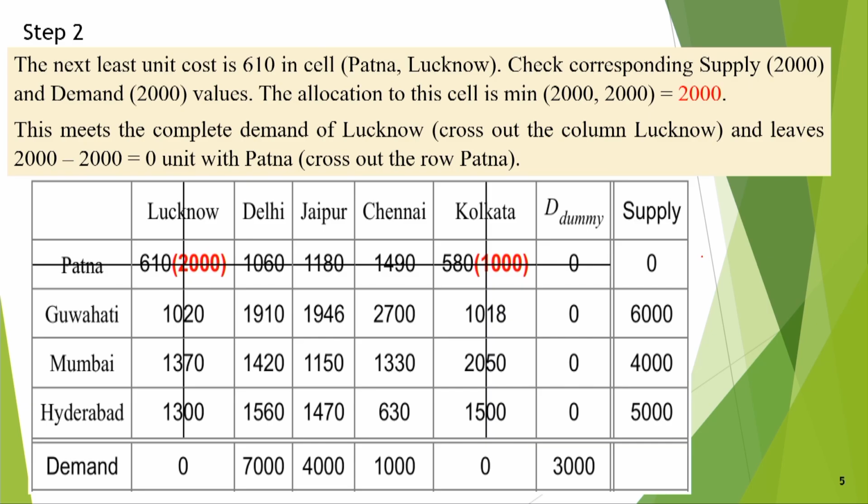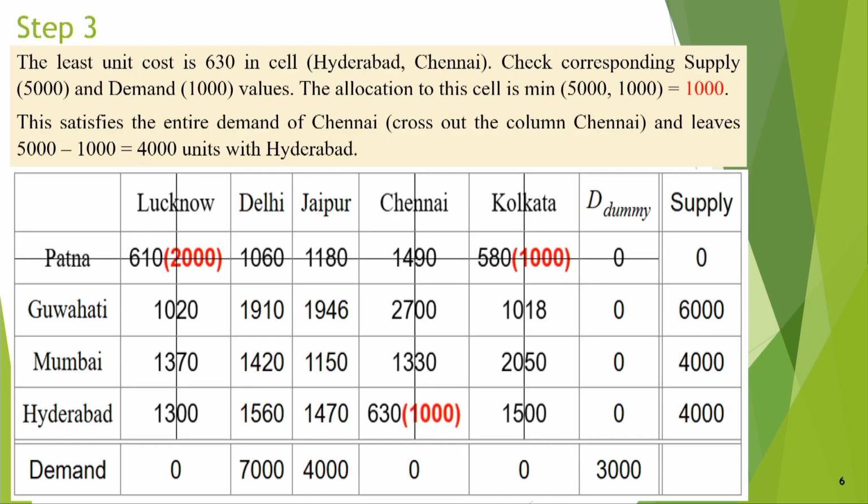How many do we need? There are 4 suppliers and 6 destinations including dummy, minus 1: m plus n minus 1. That means I need 9 cells filled. Okay. So that type of thing may happen later. But anyway, let us strike both.